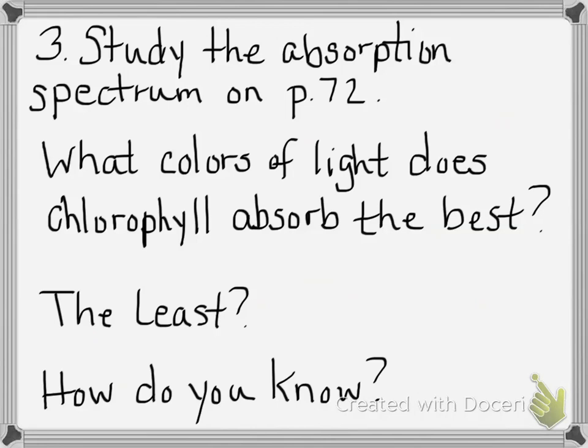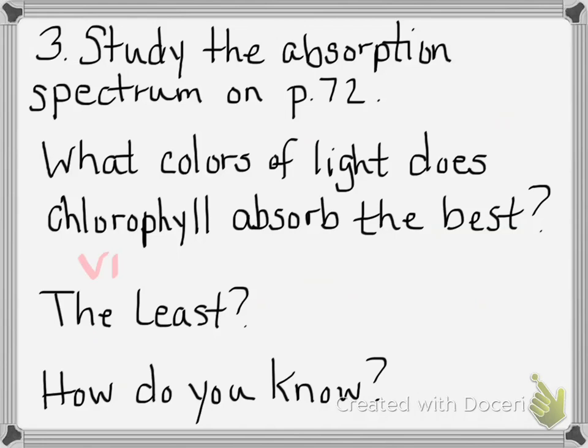Okay, on page 72 it says study the absorption spectrum. What colors of light does chlorophyll absorb the best? Let's do chlorophyll A, because we know that's the most important one. So take a look at chlorophyll A. What colors of light does chlorophyll A absorb the best? Violet. Does everybody agree on violet?